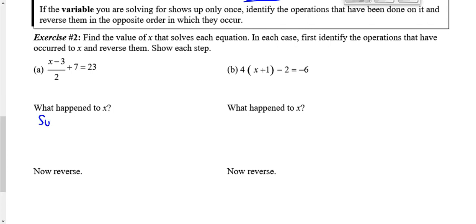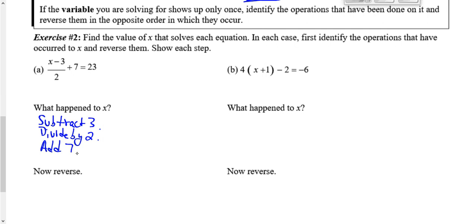So subtract 3. And then what? Then it gets divided by 2, right? Divide by 2. Add 7. And then the last thing was to add 7. Okay? Now we reverse it.